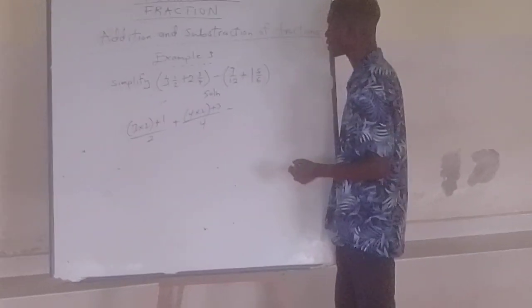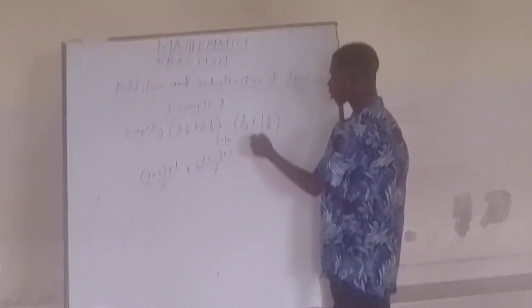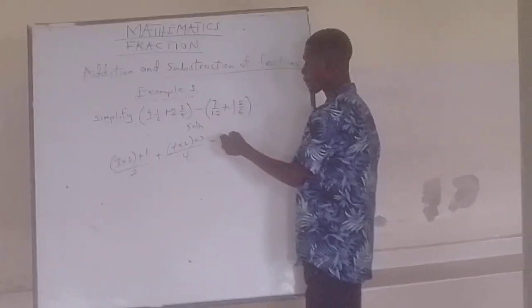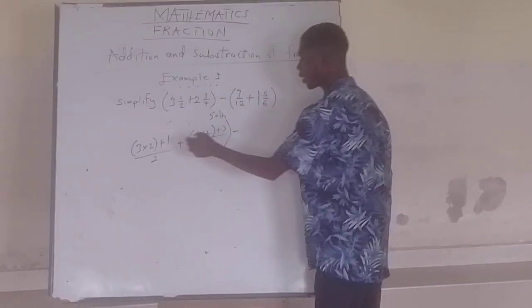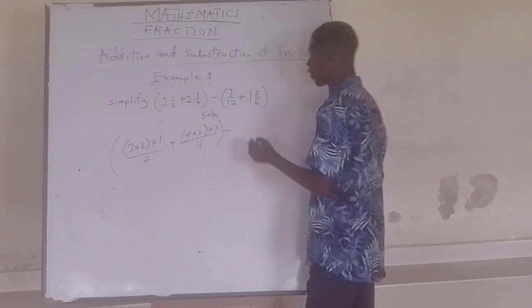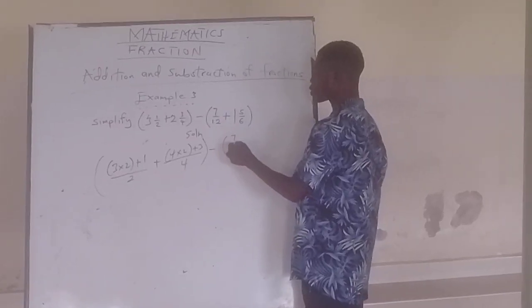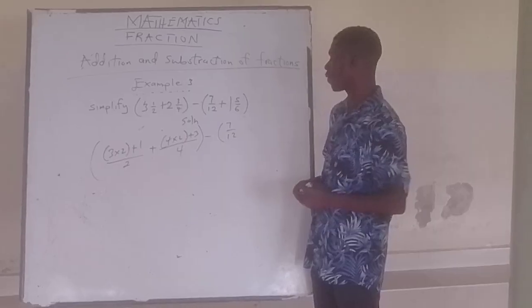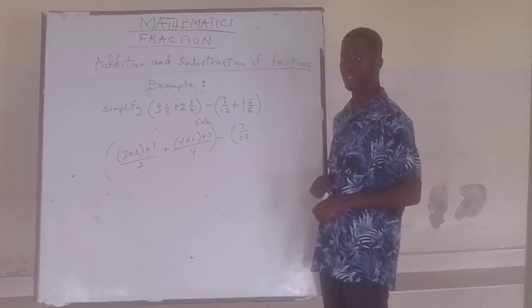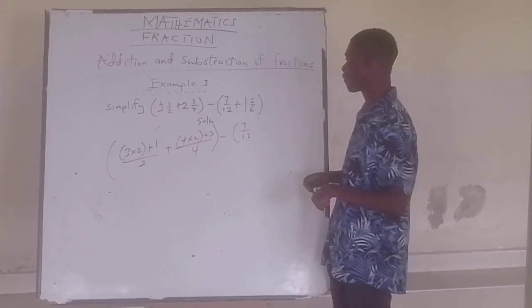Minus, and there is one bracket, and here you have 7 over 12. It is already in its simplest form, right? Okay.